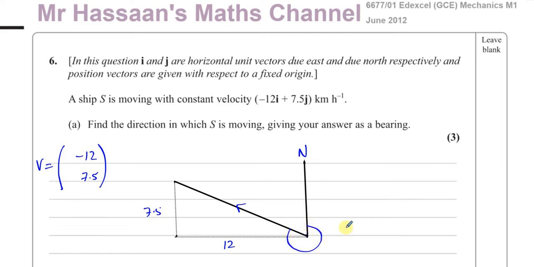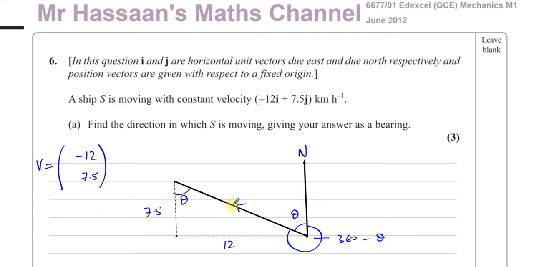There's a number of ways we could find this. If I know this angle inside, which I'll call theta, then what we're looking for is 360 minus theta. I can find this angle because it's the same as this angle, as these are alternate angles, since this is north and this is west, so these are parallel lines.